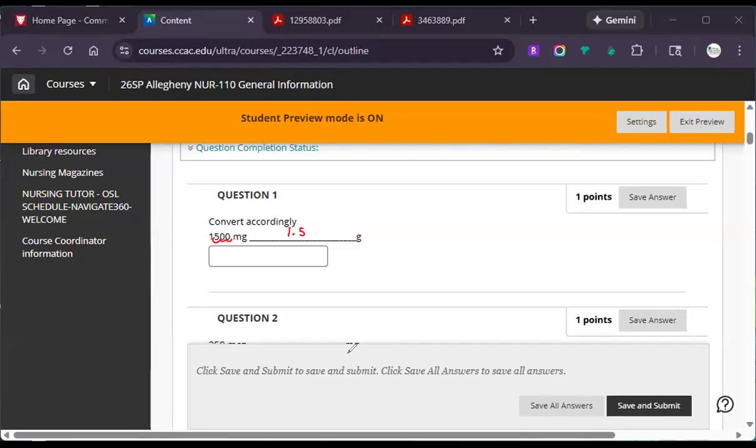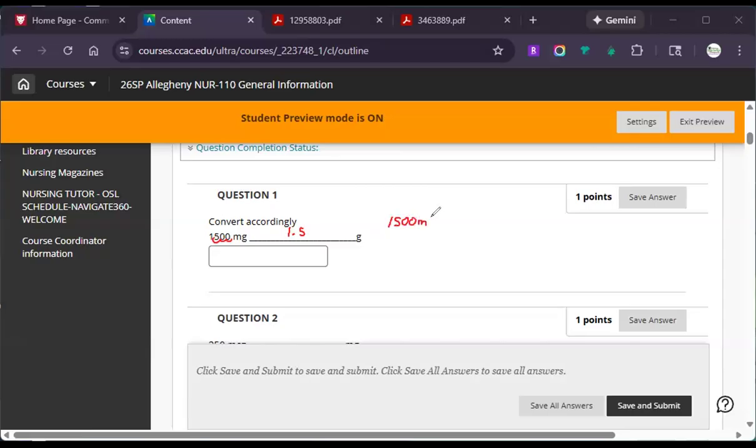If you do it right 10% of the time and wrong 90% of the time, a lot of times it's because you don't know which way to move your decimal. So either practice learning that, or what I would recommend is to write out your conversion.